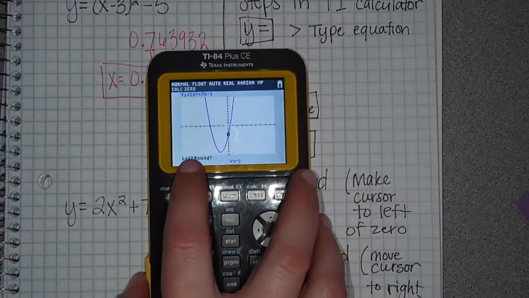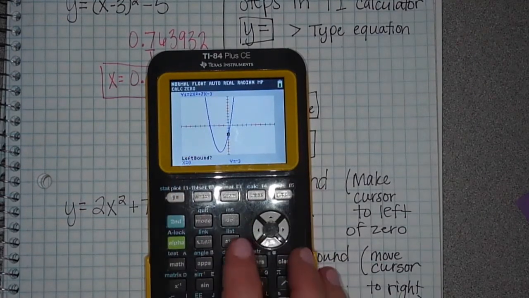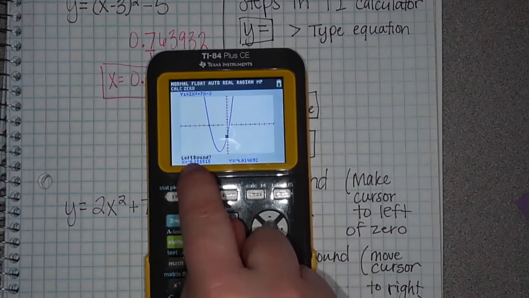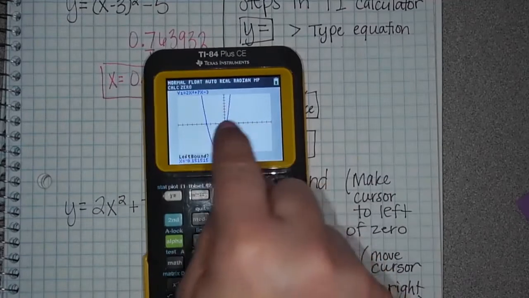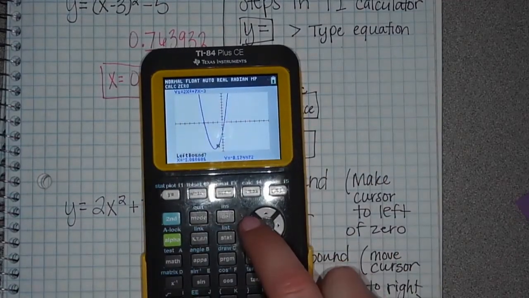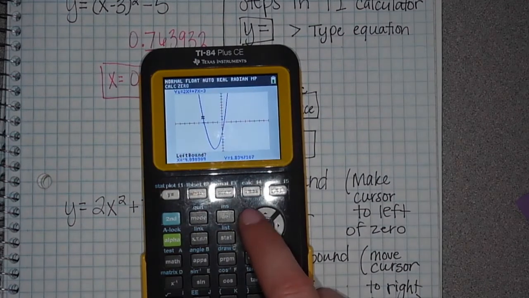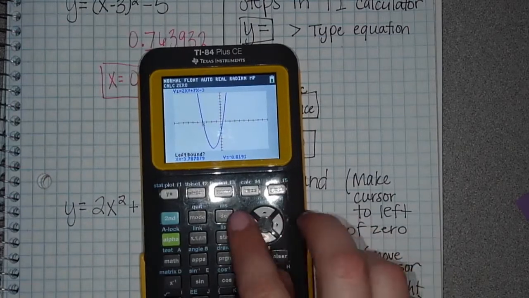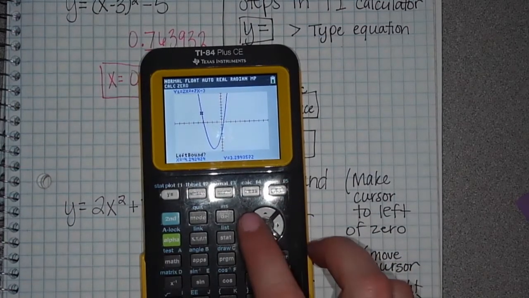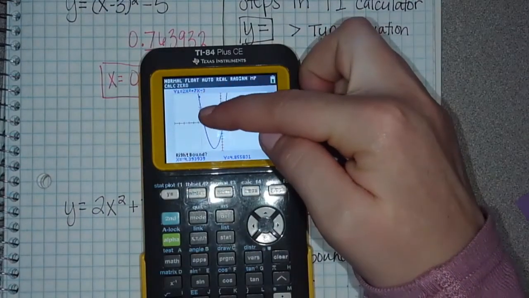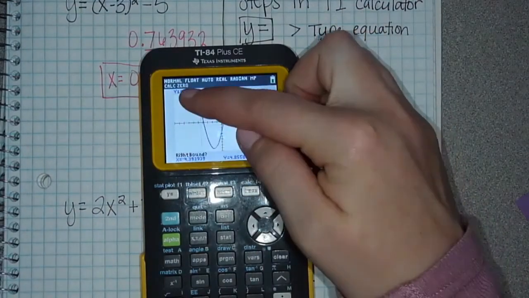Now, this is where you have to do left bound. If I'm trying to find this one first, it doesn't matter the order you find them in, but I'm going to try to find this one first. So I need to move my cursor so that it is obviously to the left. You don't want to be pretty much on it. You want to be obviously to the left and hit enter. Notice that line that popped up right there, it's pretty faint, but it popped up.